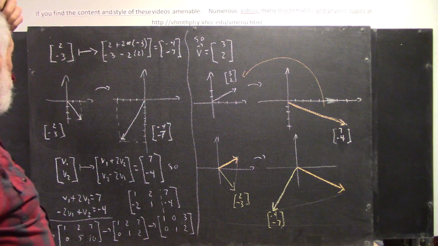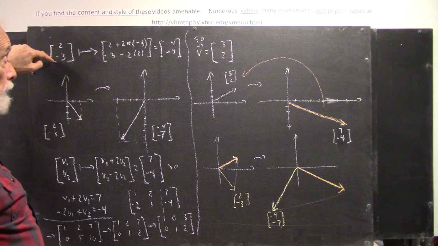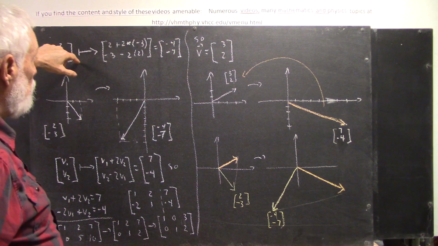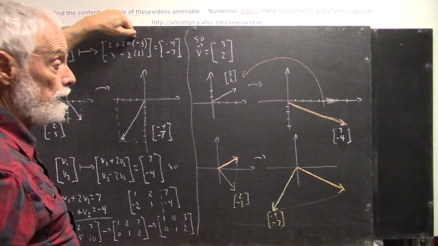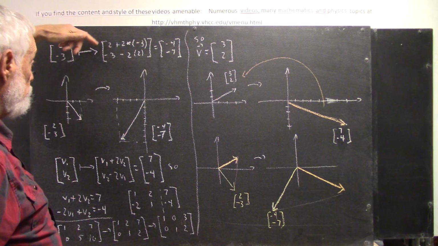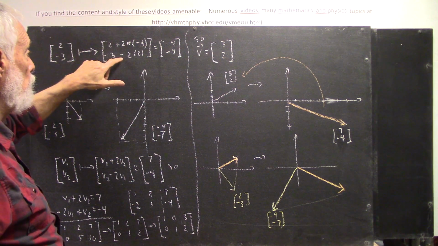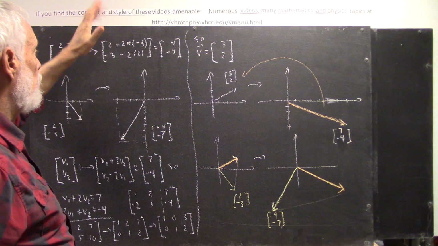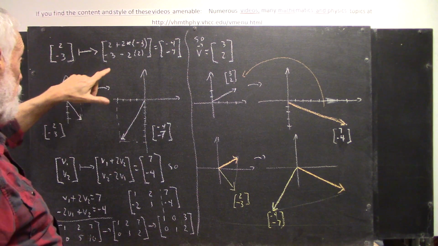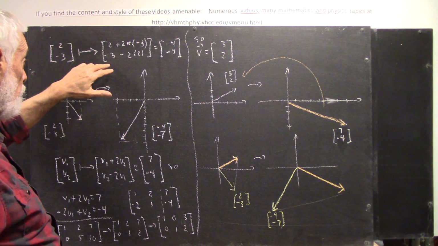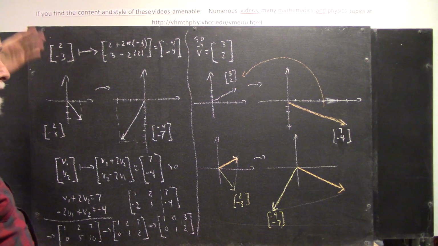The rule says that if this vector is v1, v2, it's going to map onto the vector whose first component is v1 plus 2v2, and whose second component is v2 minus 2v1. Okay, that's the rule stated in the document.